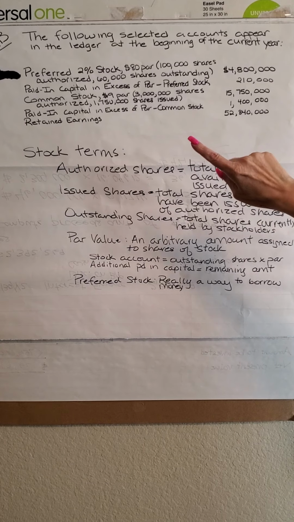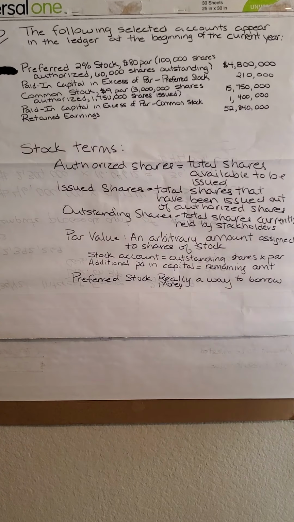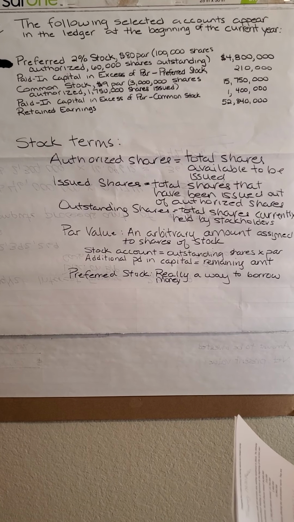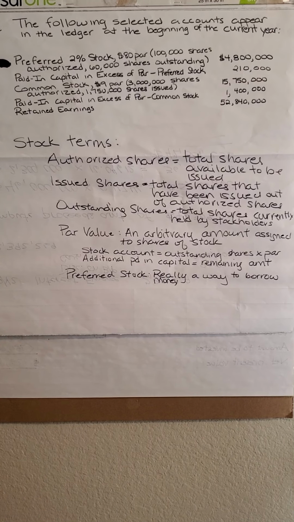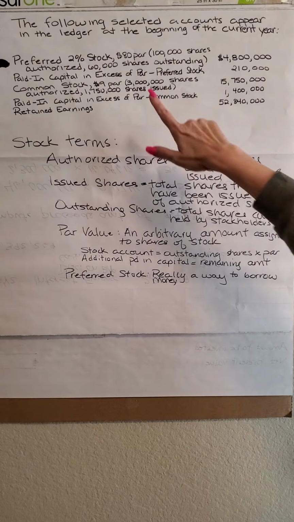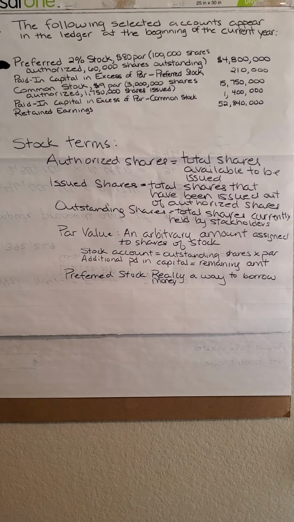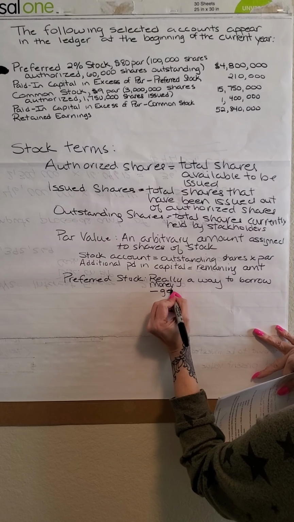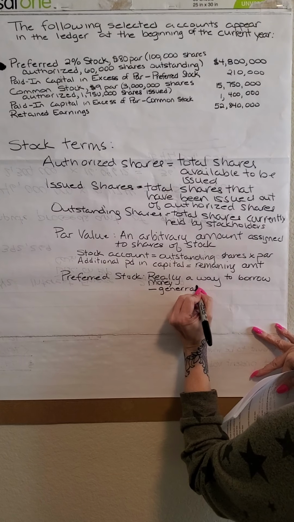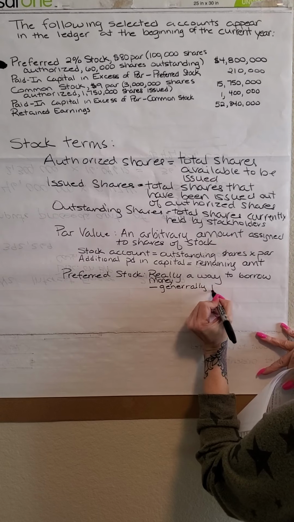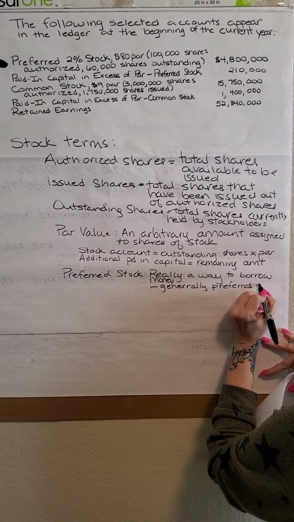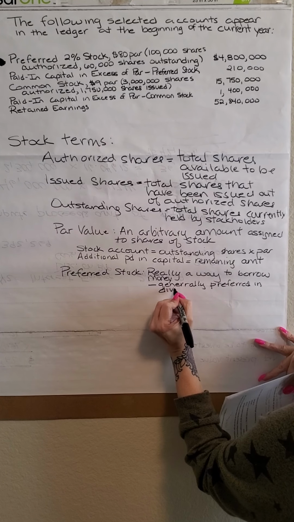It states that there's a preferred dividend of 2% times the par value. So when we get down to calculate the preferred dividend later, we will calculate it as 2% of the par value. And preferred stock is generally preferred in dividends only.